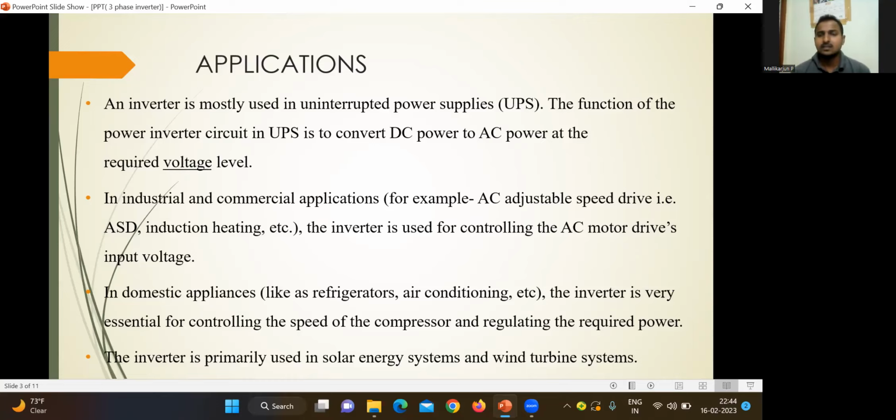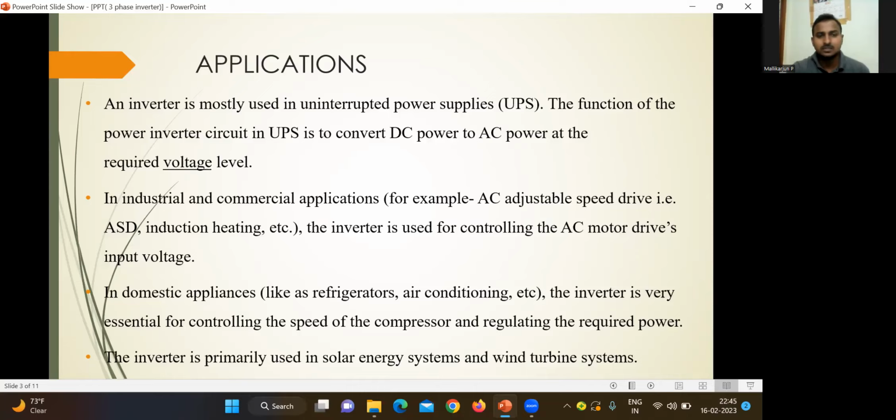A drive is nothing but a system required to control the motion. Drives are again of two types: mechanical and electrical. Electrical drives are again AC and DC. That is not needed now. We are just focusing on this 180 degrees conduction mode.